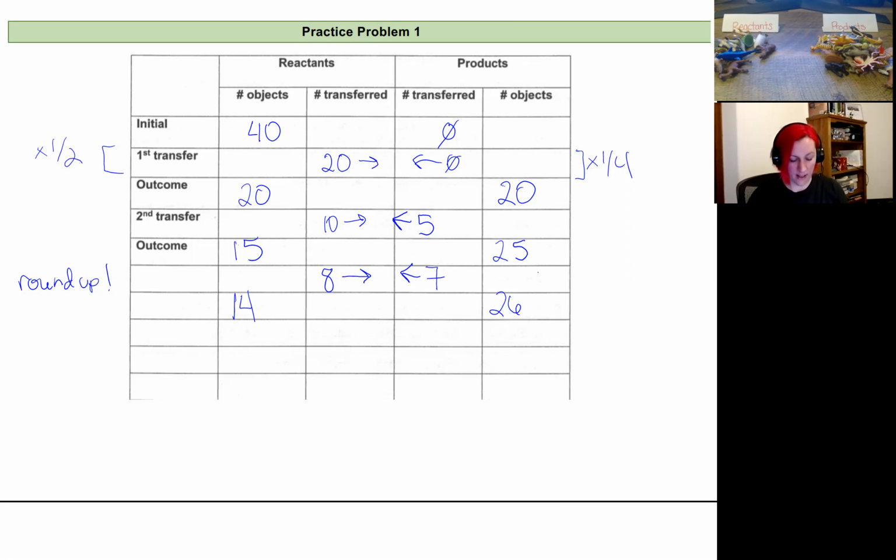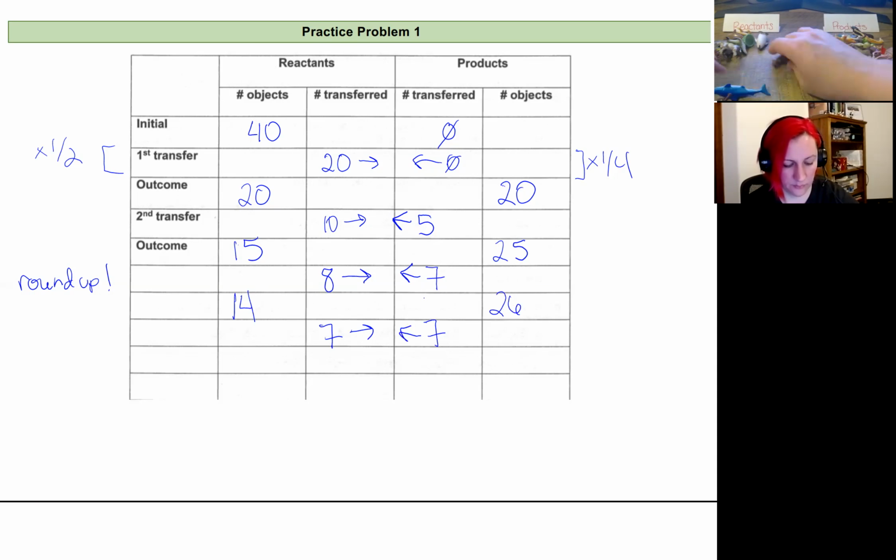And I'm going to do this again. So about half of 14 is at least a whole number this time. It's going to be 7 that I transfer. And then my products, a quarter of that is going to be rounded to 7 as well. So I'll transfer these. 1, 2, 3, 4, 5.